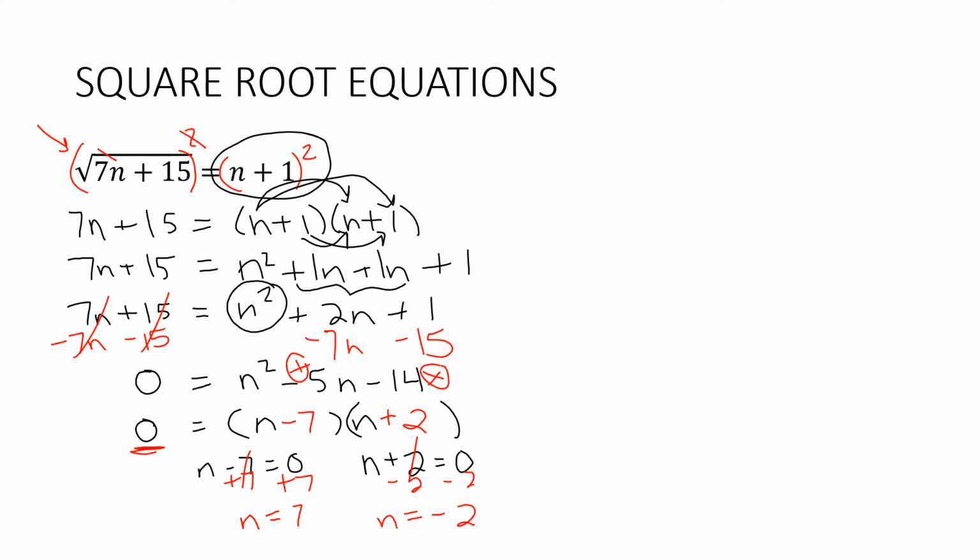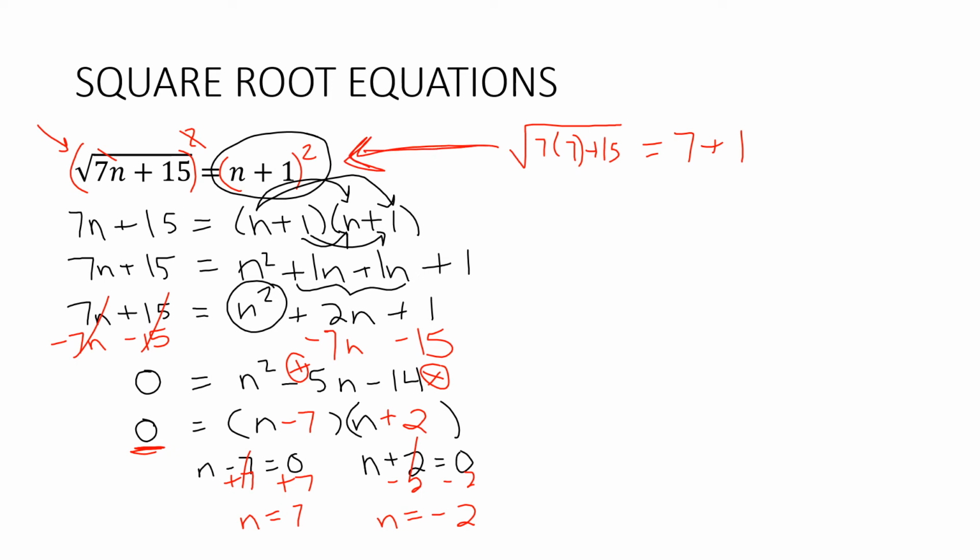So let's see if the 7 works. I'm going to come up here and plug in the 7. So that would be the square root of 7 times 7 plus 15 equals 7 plus 1. I'm just going through the original equation up here at the very top, and everywhere I see an n, I'm plugging in 7.